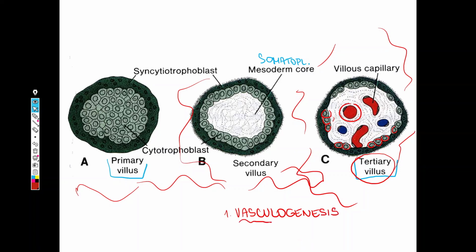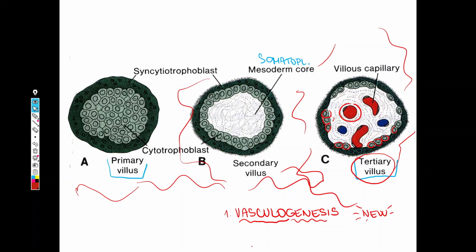This means the formation of new blood vessels. So I'm going to just write down the new blood vessels over here. This is vasculogenesis. So we have some mesoderm, and then boom, we have a vessel.